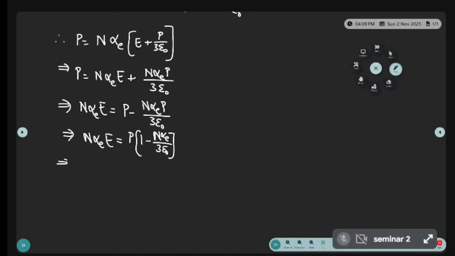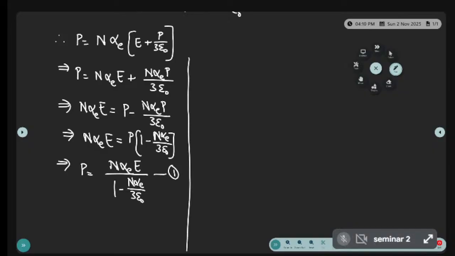So from this, P is equal to N alpha E by 1 minus N alpha E by 3 epsilon naught. This is equation 1. P is equal to N alpha E by 1 minus N alpha E by 3 epsilon naught. Okay?